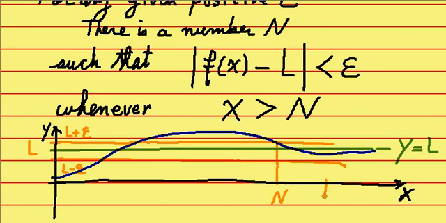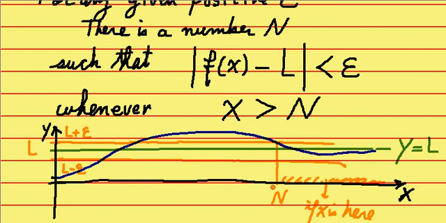So if x is chosen from these numbers, my y is trapped between these two orange lines. My y, this blue line, is trapped inside, so its distance from the ultimate destination, this green line, is for sure less than epsilon. So this first cut was not applicable. It looks like this is the n in that particular problem.